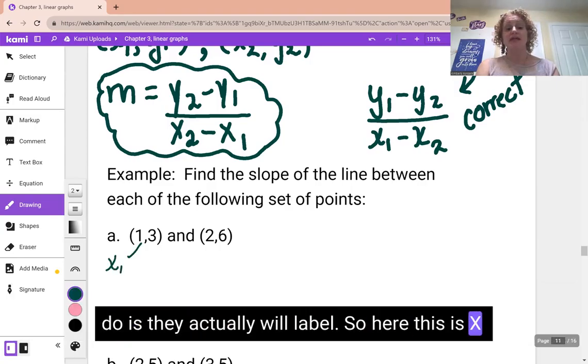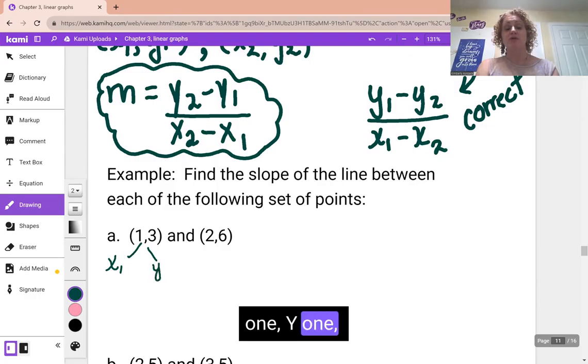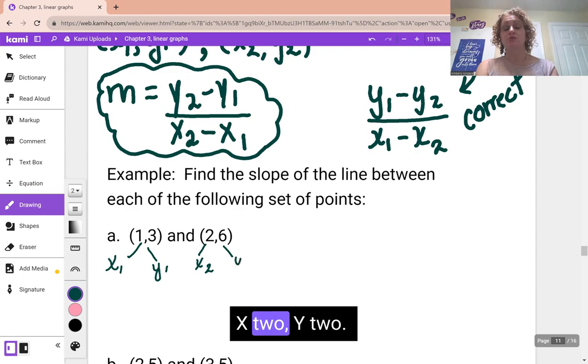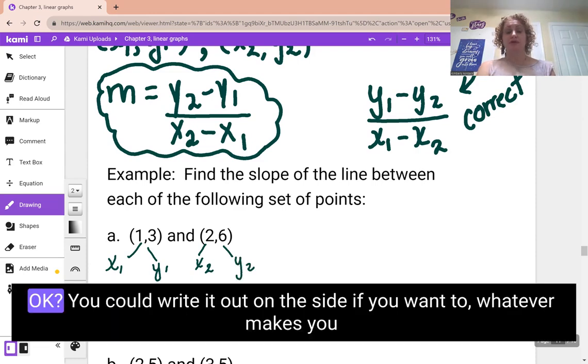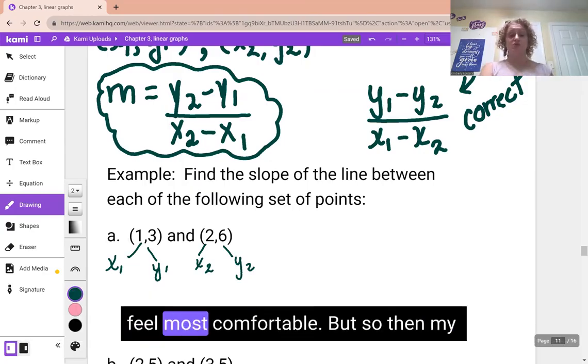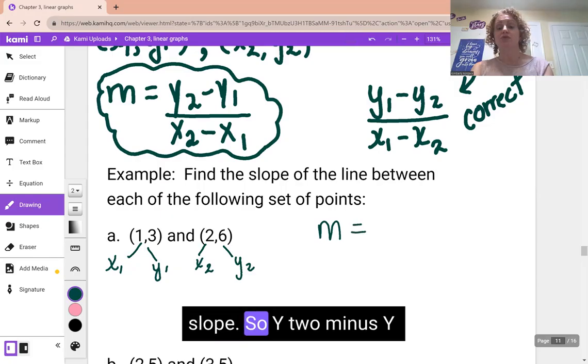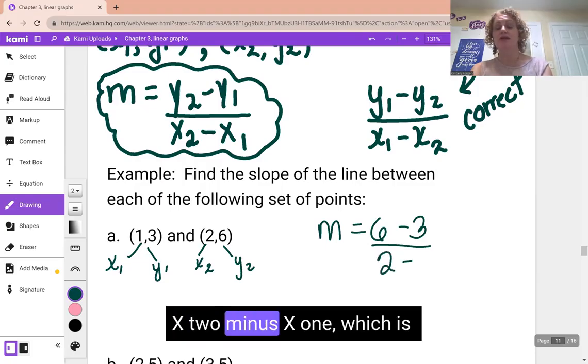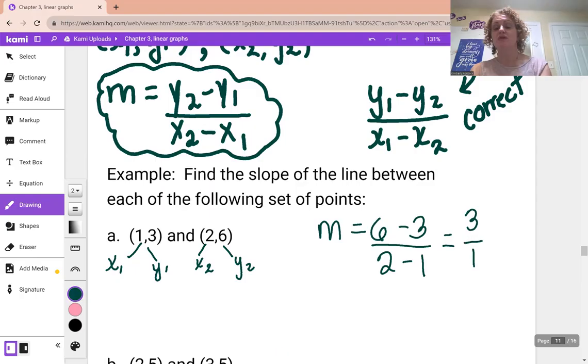So here, this is x1, y1, x2, y2. You can write it out on the side if you want to, whatever makes you feel most comfortable. So then my slope, y2 minus y1 over x2 minus x1, is 3 over 1.